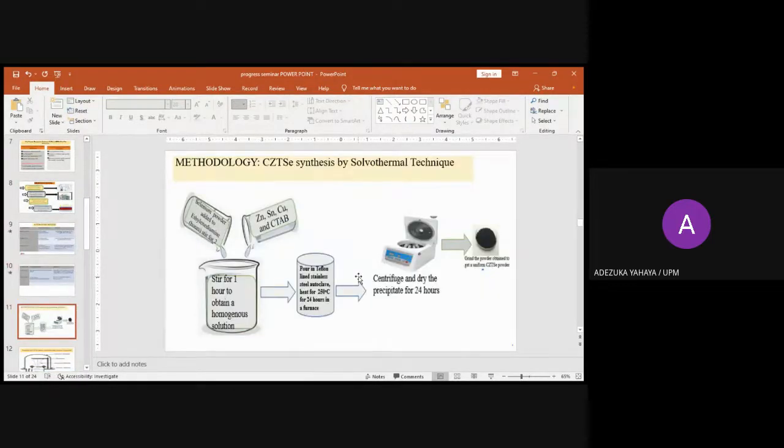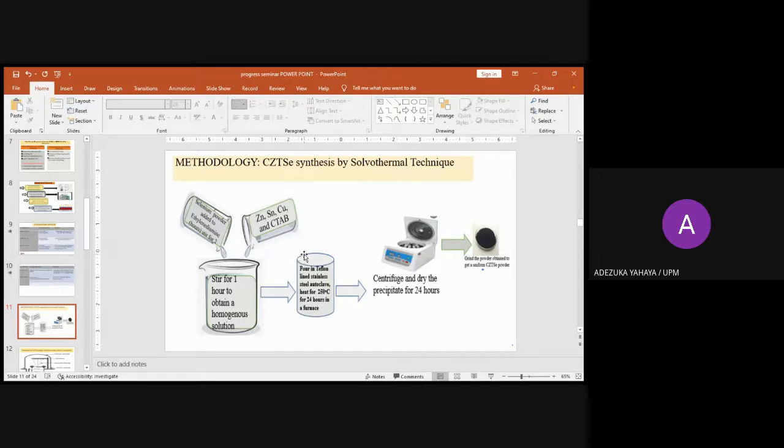So the methodology, that's the CZTSe synthesis by the solvothermal technique. In this process, I weighed the selenium powder and added it to ethylenediamine, and I stirred it for 2 hours so that the selenium powder can change to selenium ions.